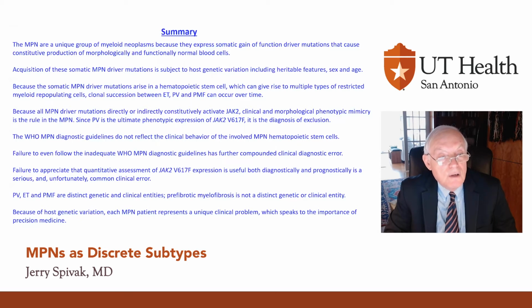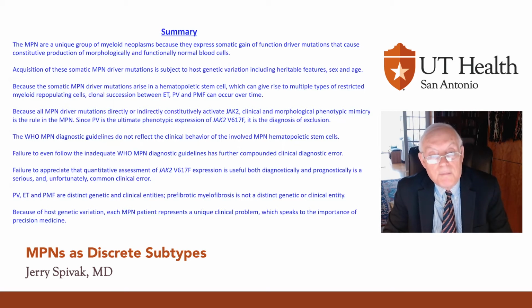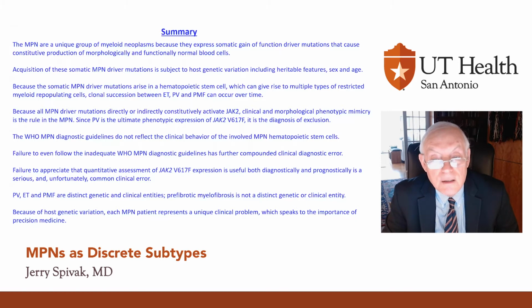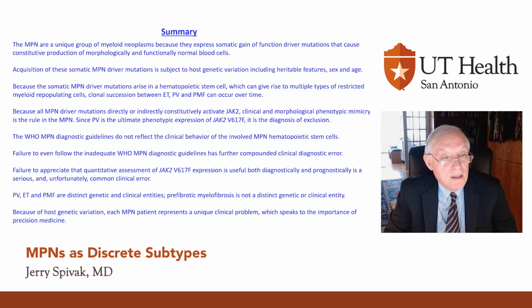The WHO diagnostic criteria don't reflect the clinical behavior of the MPN hematopoietic stem cells, and failure to even follow these inadequate diagnostic guidelines has further compounded clinical diagnostic error. Failure to appreciate the quantitative assessment of the JAK2 allele burden, that it's useful both diagnostically and prognostically, is a serious and unfortunately common error.